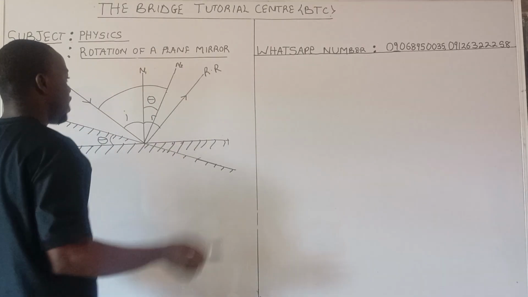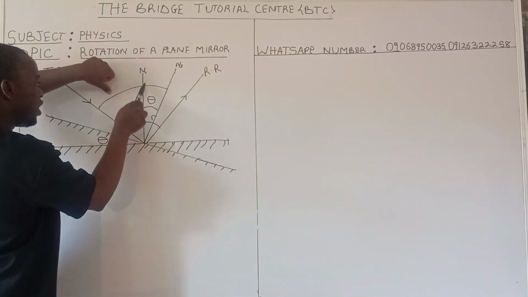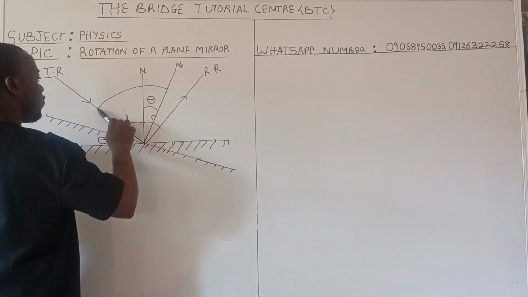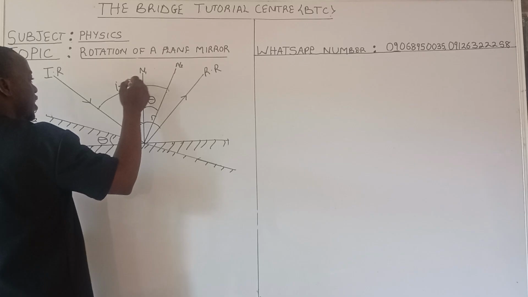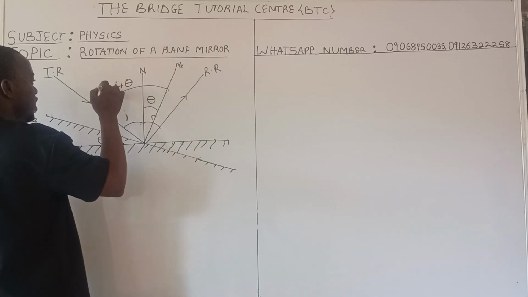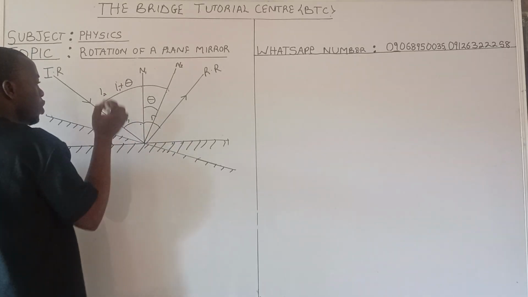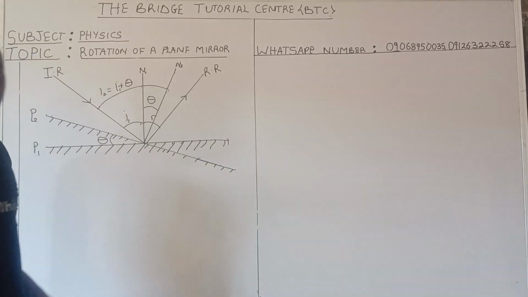From here to here is I, and from here to here is theta, so everything from here to here will now be I plus theta. That's our new angle of incidence. Let me call this one I1 and this one I2. So I2 equals I1 plus theta. So that's the first one.